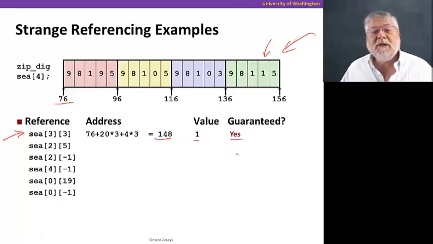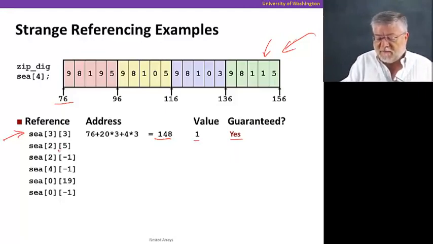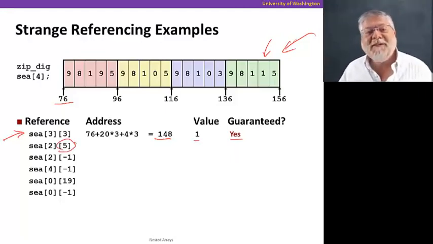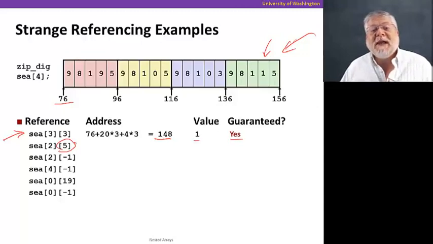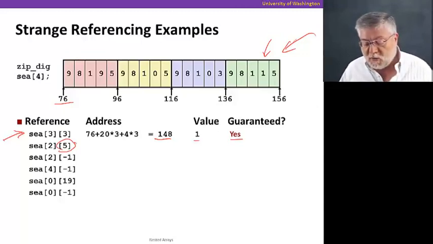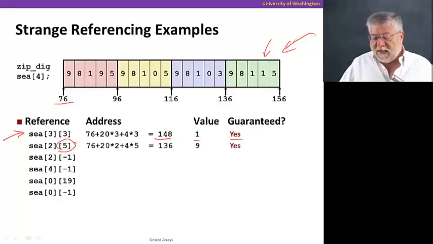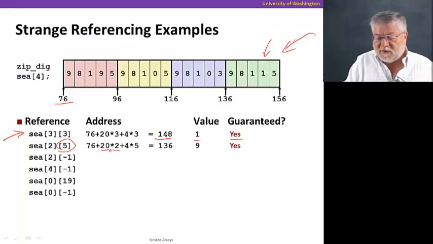Our next example is C[2][5], and you'll notice that that 5 seems to be out of bounds. It's too high an index for our array. We would only expect to go up as high as 4 for the 5th element. So this is probably not a correct construct, but in C, the same address computation is done. So it doesn't check for those bounds. So what would happen in this case is we would compute an address based on that first index times 20 and the second index times 4.